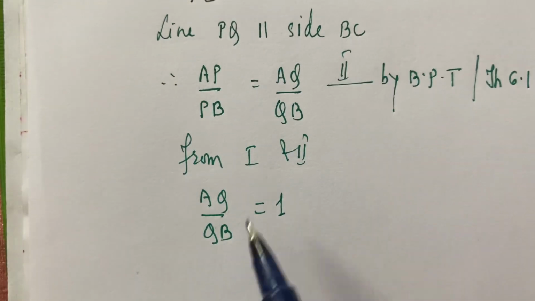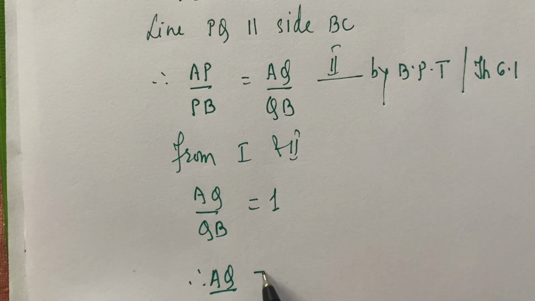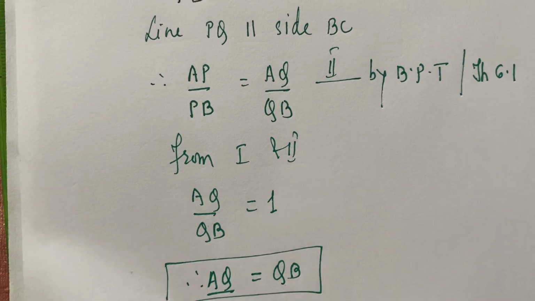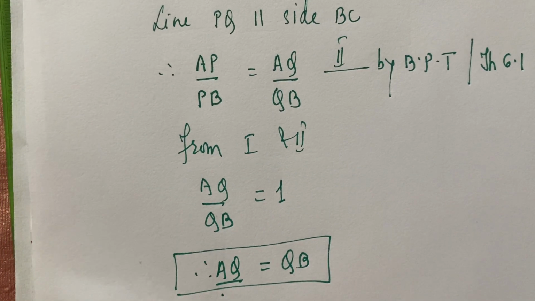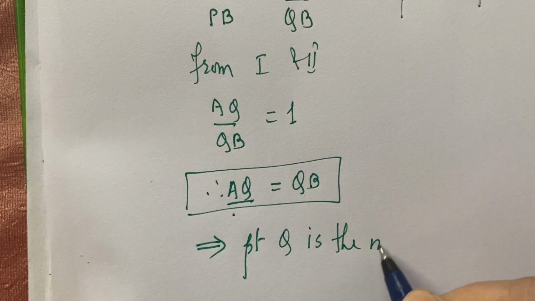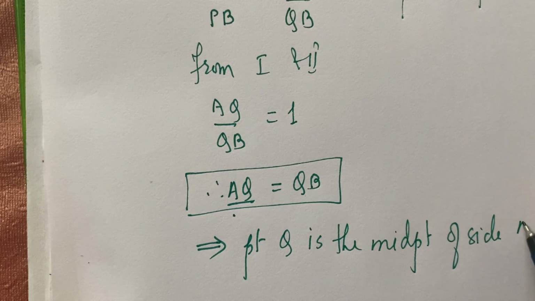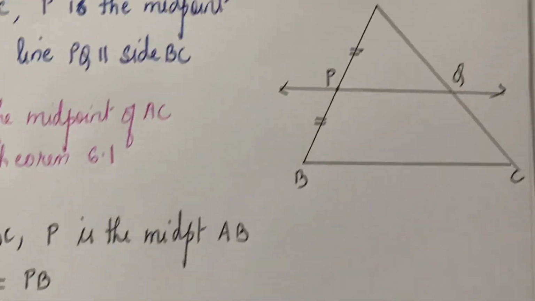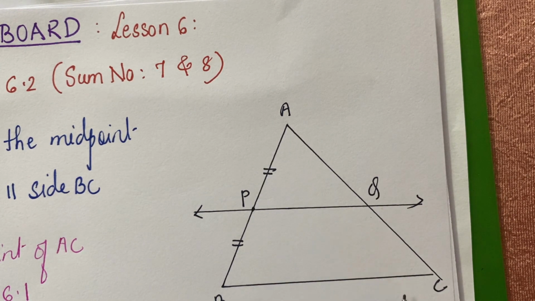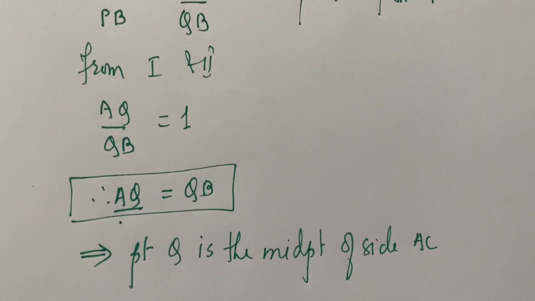Now cross multiply, so AQ will be equal to QC. If AQ is equal to QC, what does this imply? Point Q is the midpoint of which side? Midpoint of side AC. See here, if AQ is equal to QC, then Q will be the midpoint of AC. So this was our sum number 7.